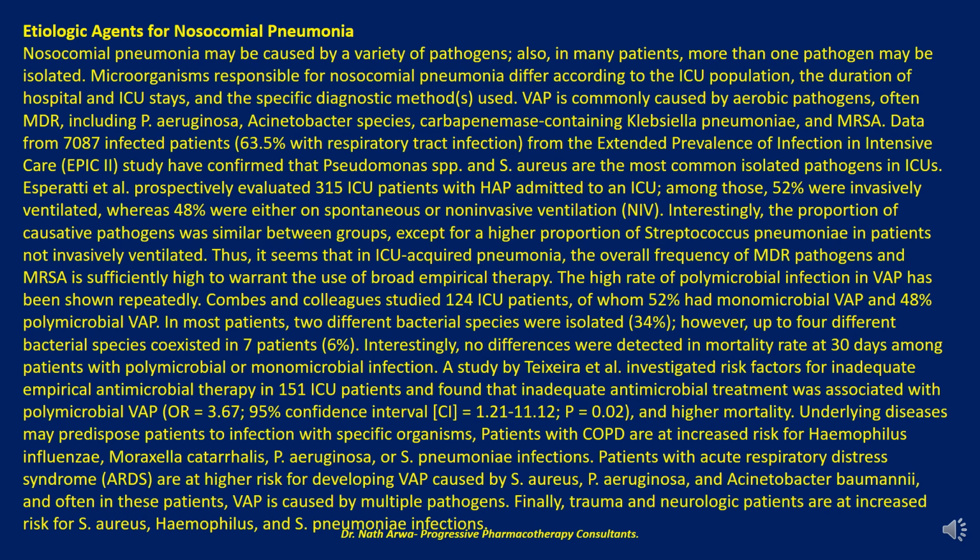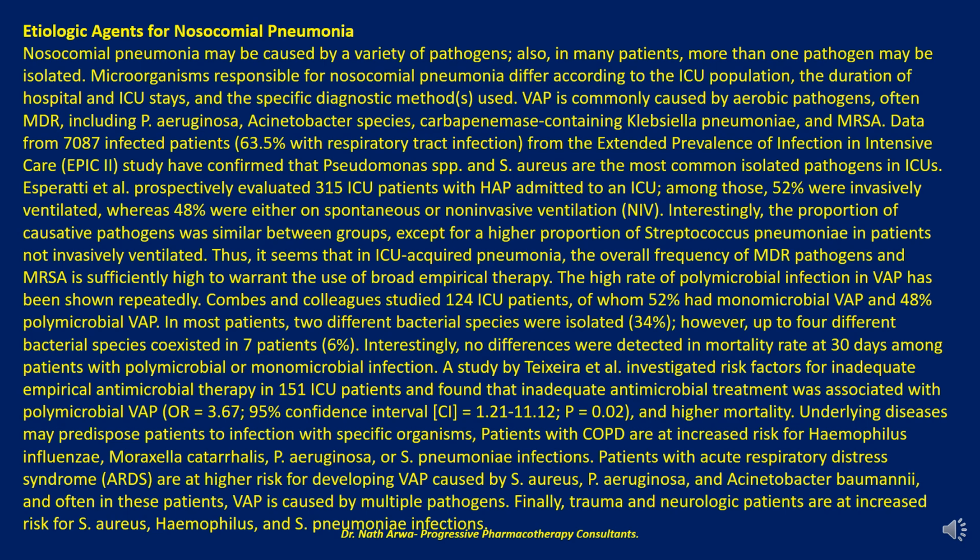The high rate of polymicrobial infection in ventilator-associated pneumonia has been shown repeatedly. Coombs and colleagues studied 124 ICU patients, of whom 52% had monomicrobial ventilator-associated pneumonia and 48% polymicrobial ventilator-associated pneumonia.